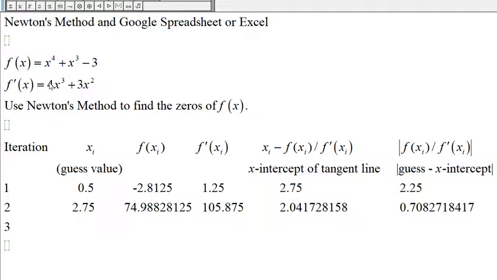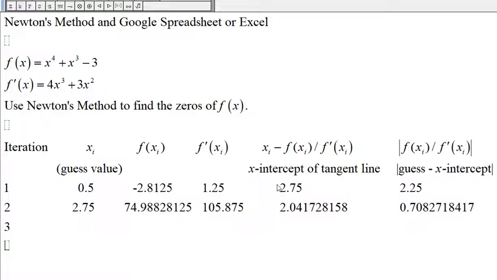So go to the derivative, in the place of x, put 0.5. And then that will give us 1.25. And then next, calculate this quantity right here, which is the x-intercept of the tangent line. So it would be 0.5 minus negative 2.8125 divided by 1.25, and that will be 2.75.